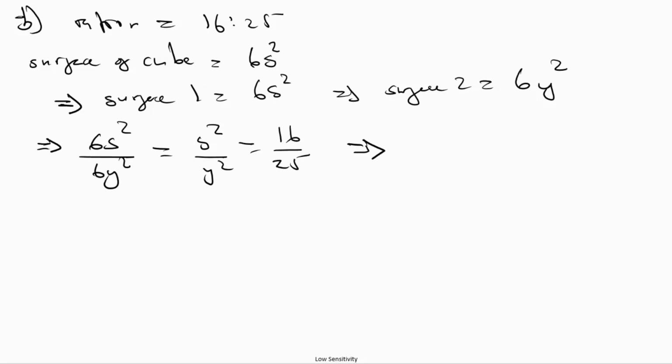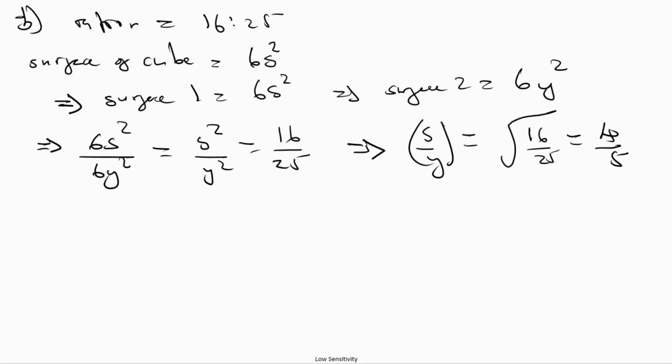But we can simplify this by just saying s over y is going to be the square root of 16/25, which is going to be 4/5, right? So that's the ratio of the sides. So s over y is equal to 4/5.